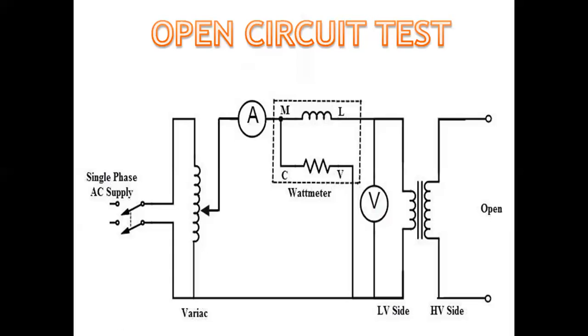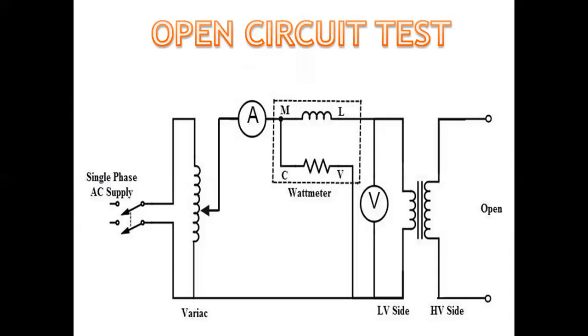So this is the general diagram of the open circuit test, where the test is performed on the low voltage side and the high voltage side is kept open. Here a voltmeter is connected, and with the help of the voltmeter the high voltage side is kept open.